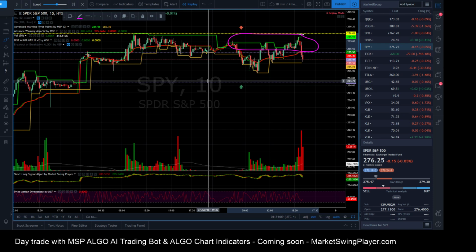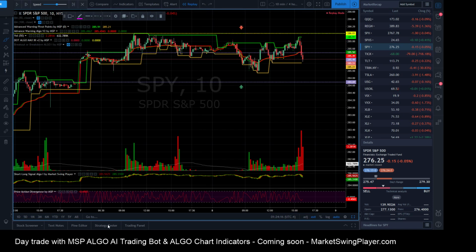So what I would also do is use MSP Algo Trading Bot. Let's pull up MSP Algo Trading Bot and use it in conjunction with this. I just open up another tab. I'll go here, that's just high level. So we're going to go to the 8th of August, SPY, because I could get more information.